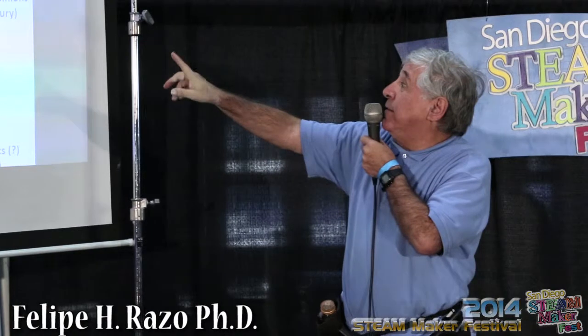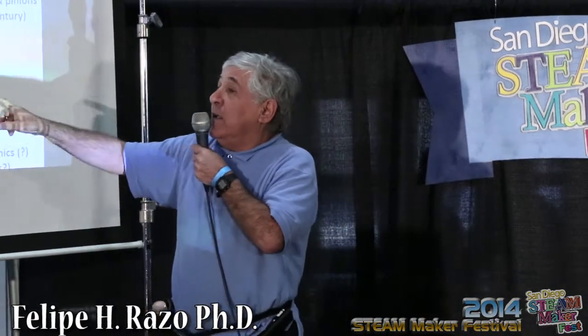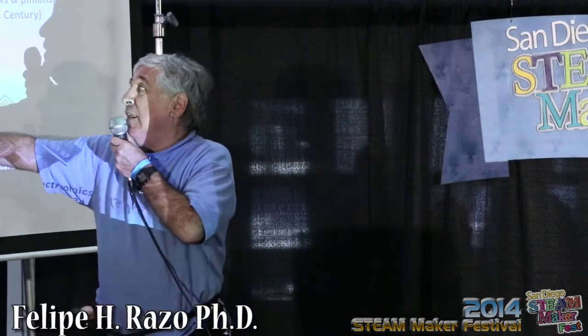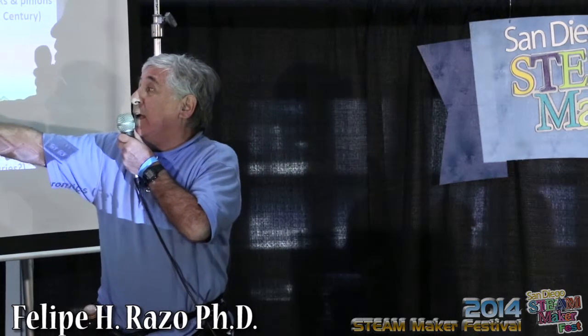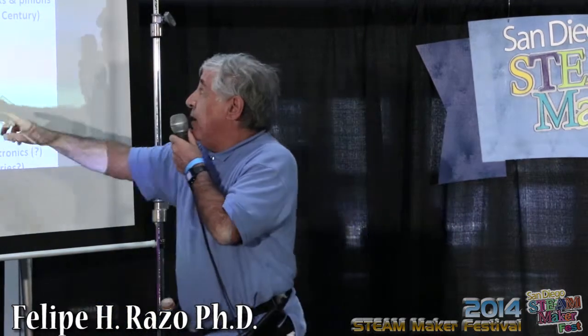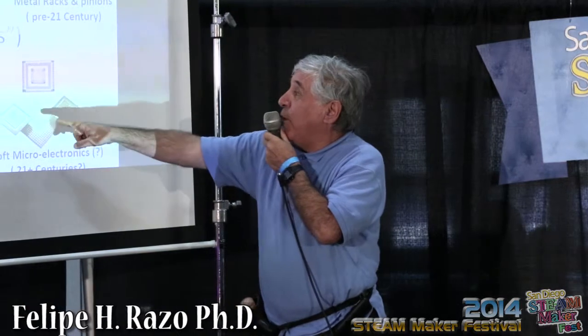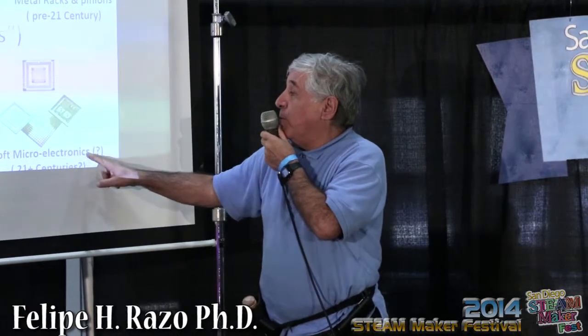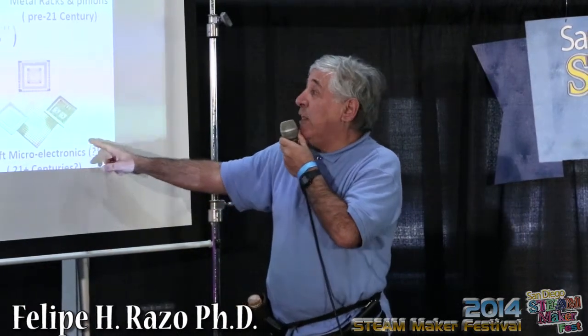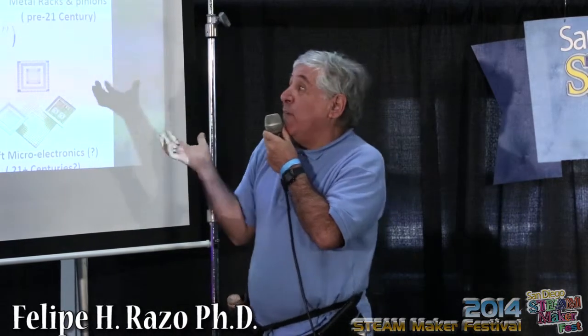So anyway, this is in the past. Today we see that we're putting stuff together in computer chips and then super compressed computer chips. They're called microelectronics. Microelectronics today, we see it everywhere.